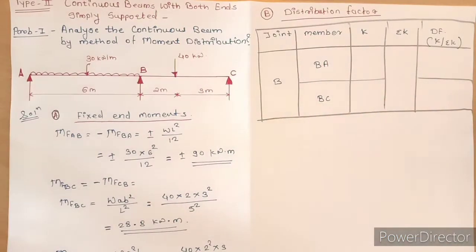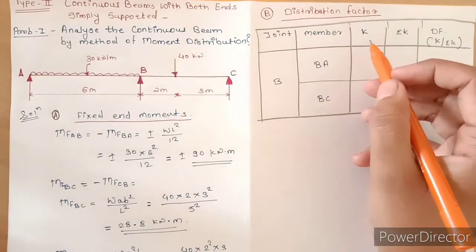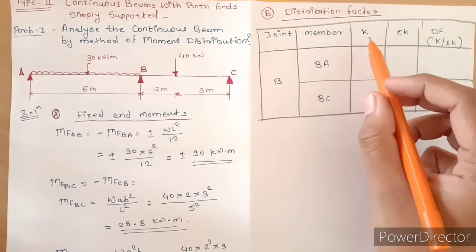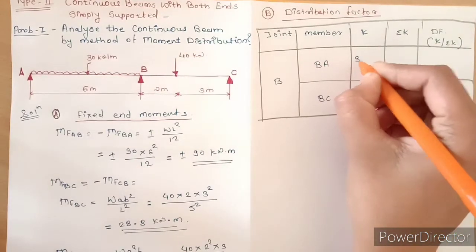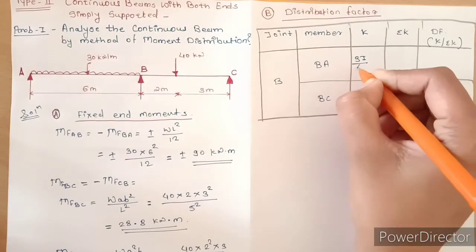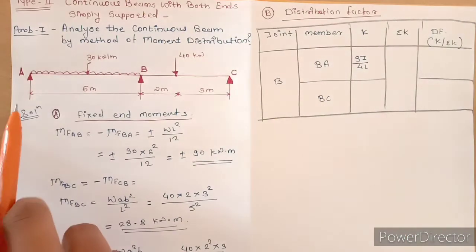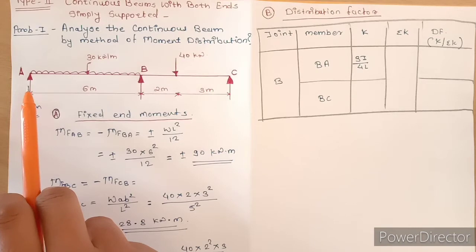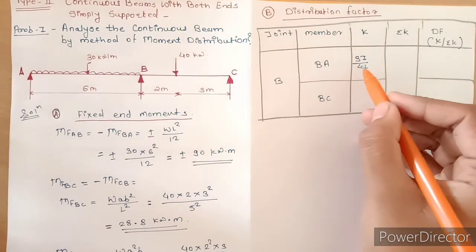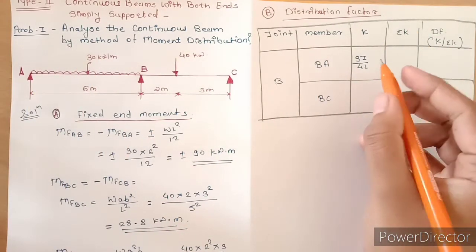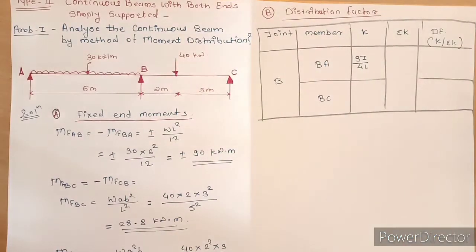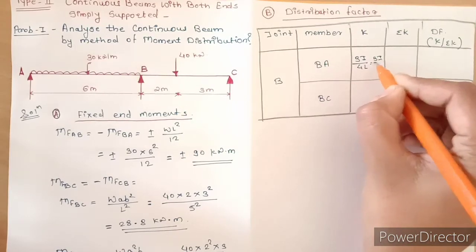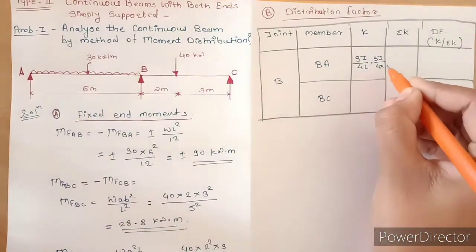Then next, the relative stiffness, that means K. For finding the relative stiffness, the formula is 3I divided by 4L. If your support is a hinged support or simple support, then we take the 3EI divided by 4L formula. Here I is constant, so 3I divided by 4 multiplied by the length, 6 meter.